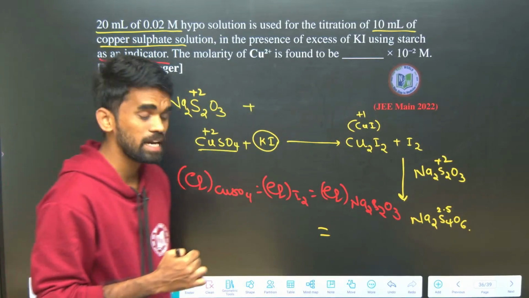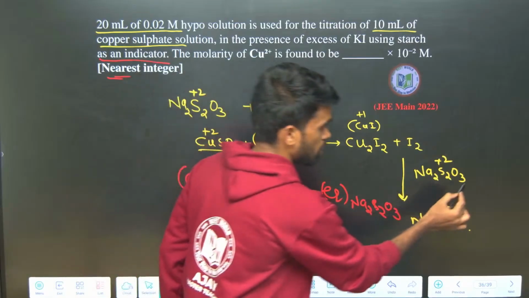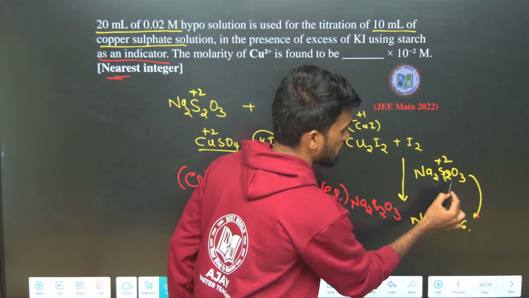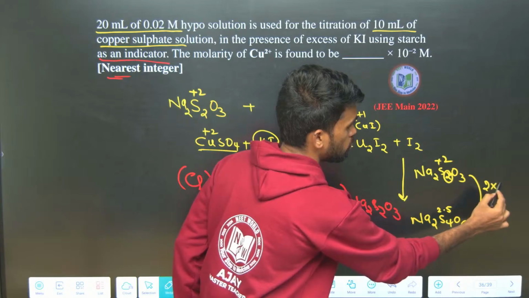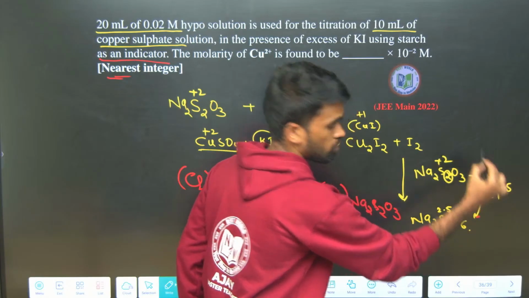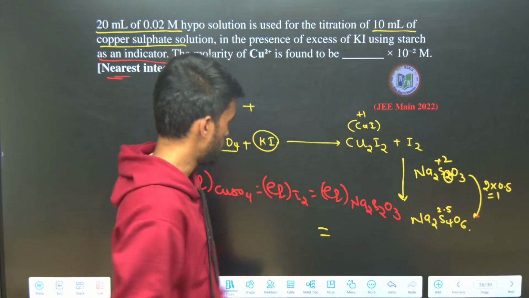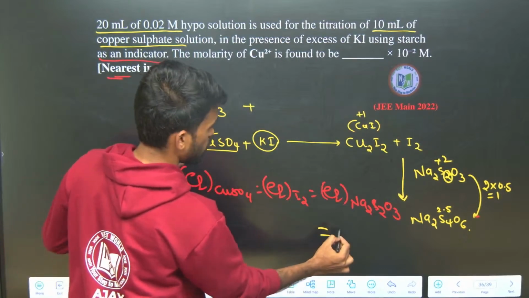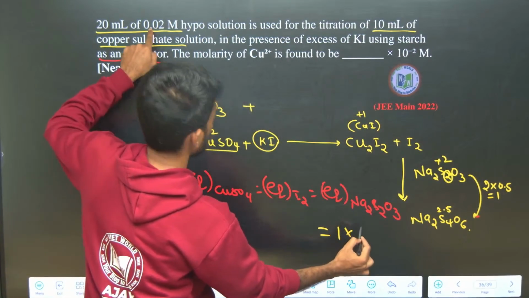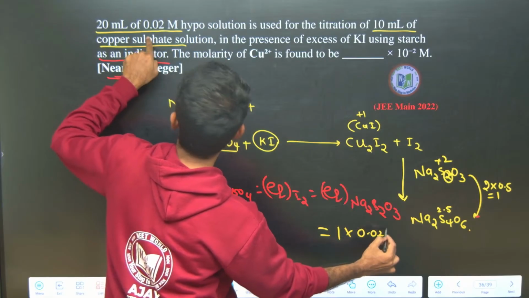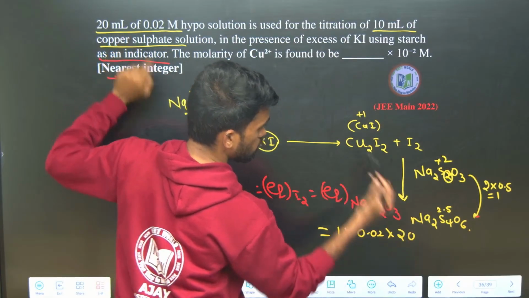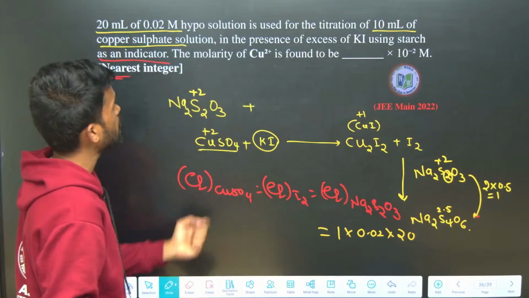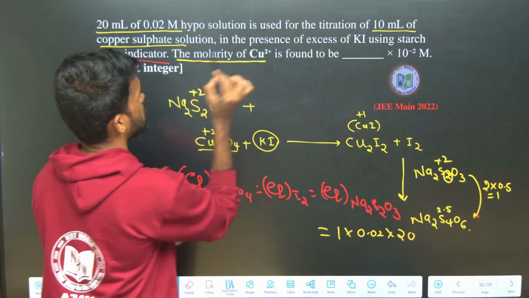What is the n-factor? There are 2 sulfur atoms, so 2 into 0.5 is 1. So I can write here its n-factor is 1, its molarity is 0.02 and its volume is 20 ml. And they are asking what is the molarity of copper sulfate.